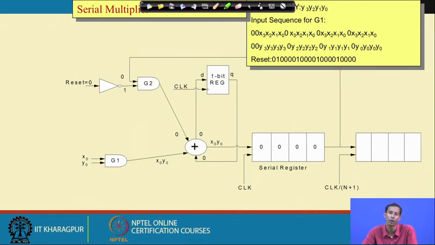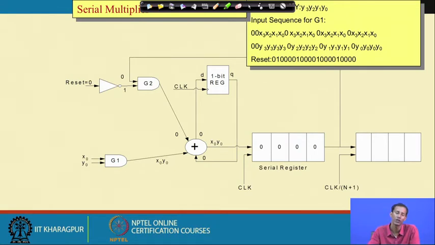The total computation time for this multiplication operation will be more. That is why this type of architecture is not that advantageous when you have a critical time requirement.